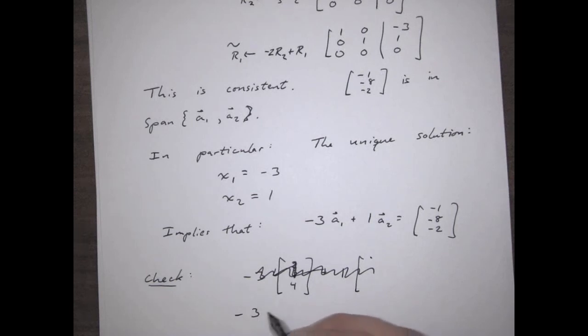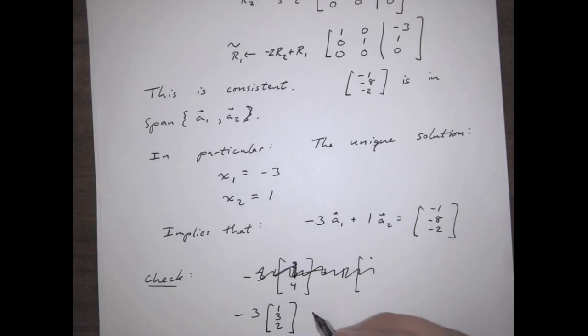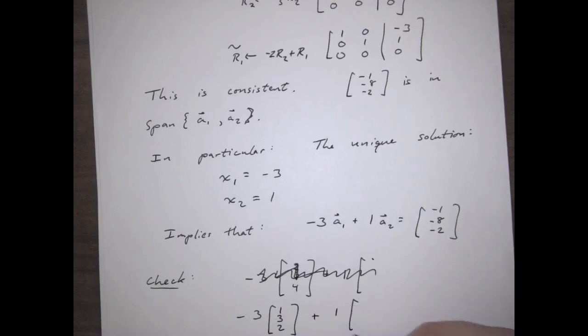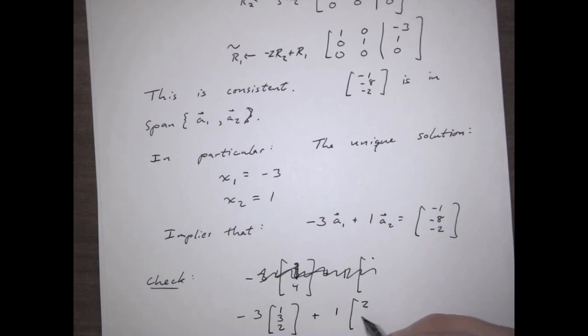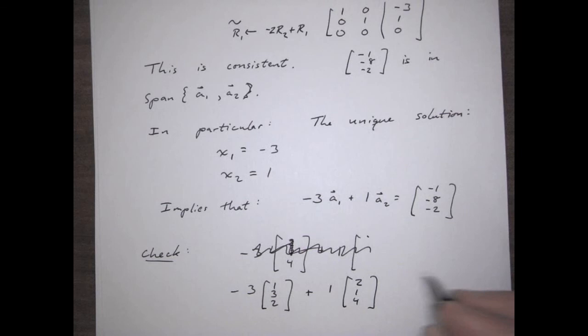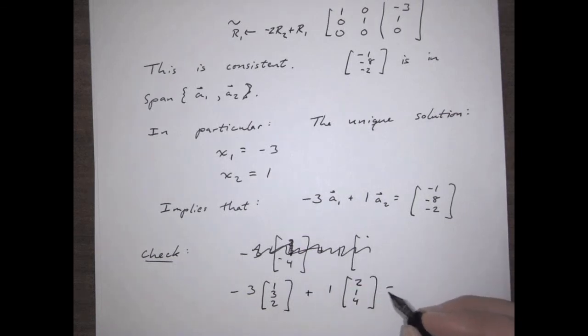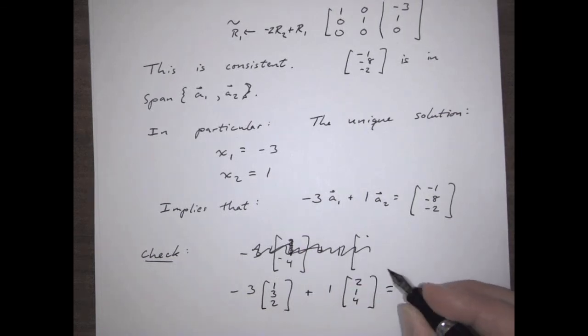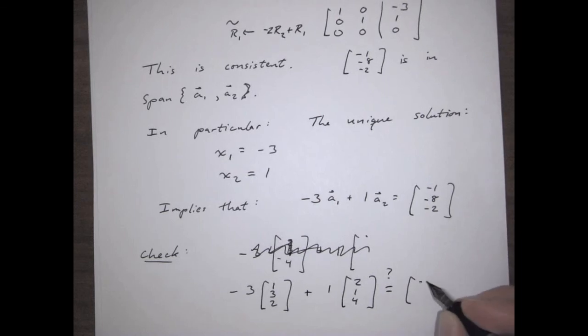So -3 times 1, 3, 2 plus 1 times 2, 1, 4, which equals, or does it, -1, -8, and -2.